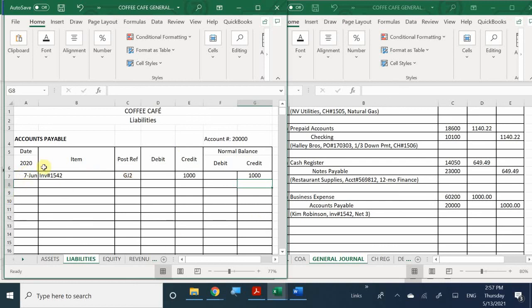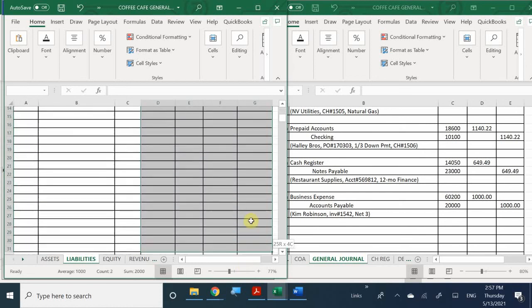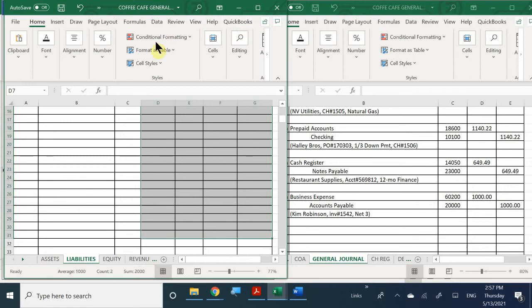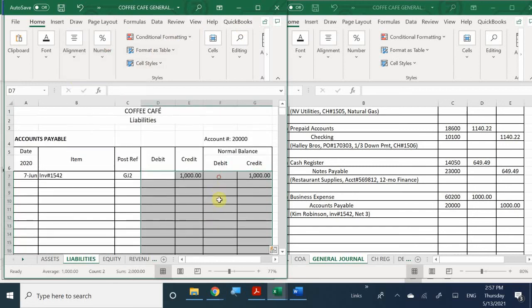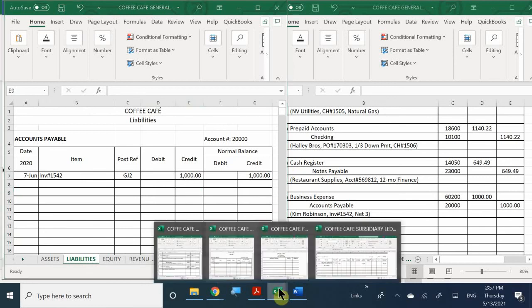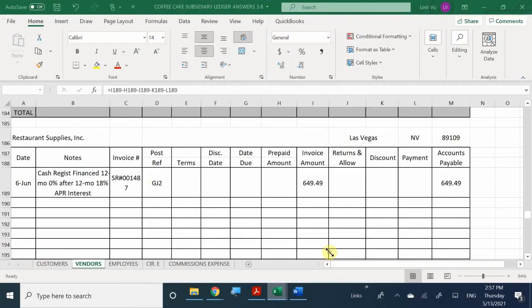We have the invoice number, the date, $1,000. So I'm going to format this so it reflects how I want it, which is comma style. Okay. For $1,000.